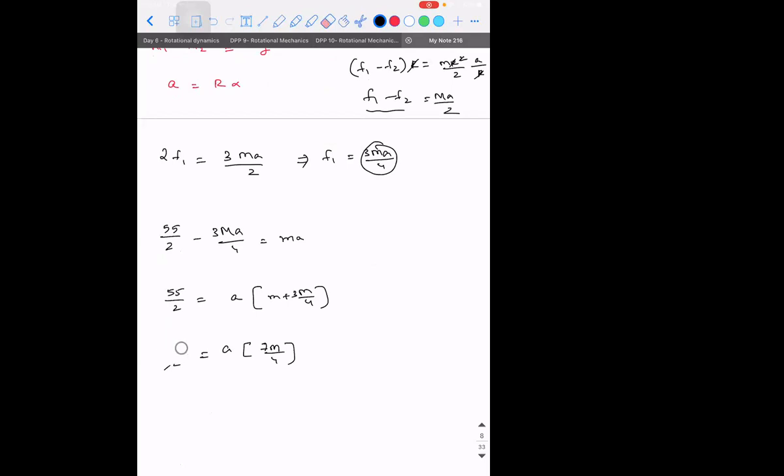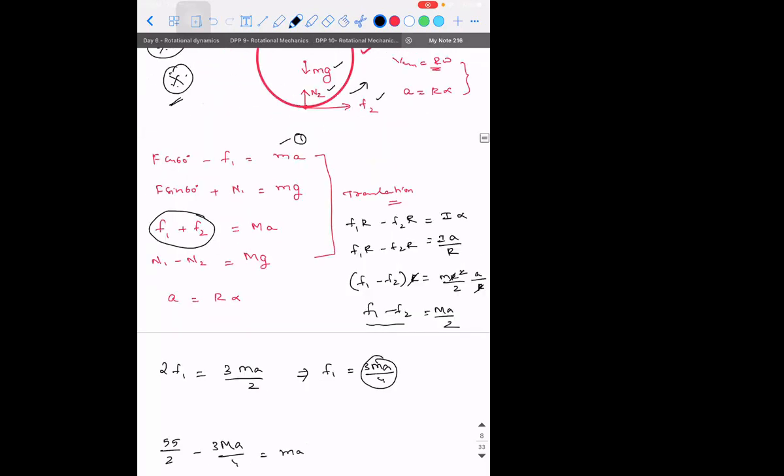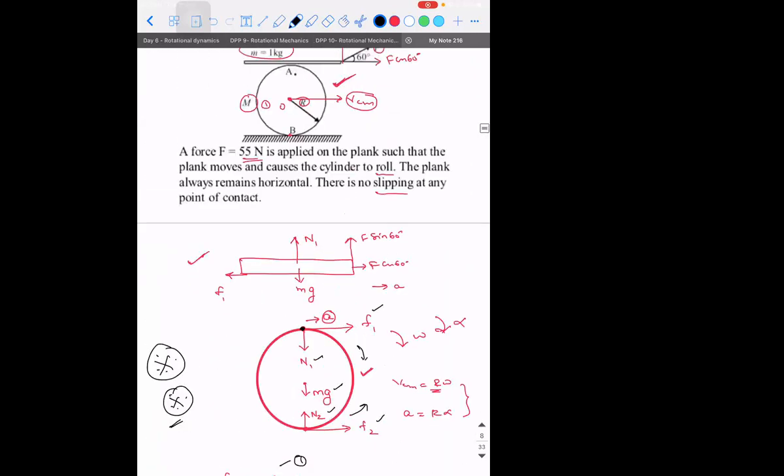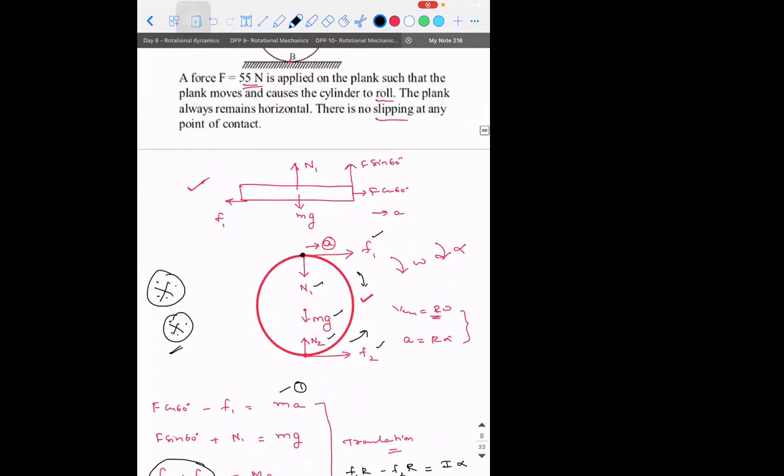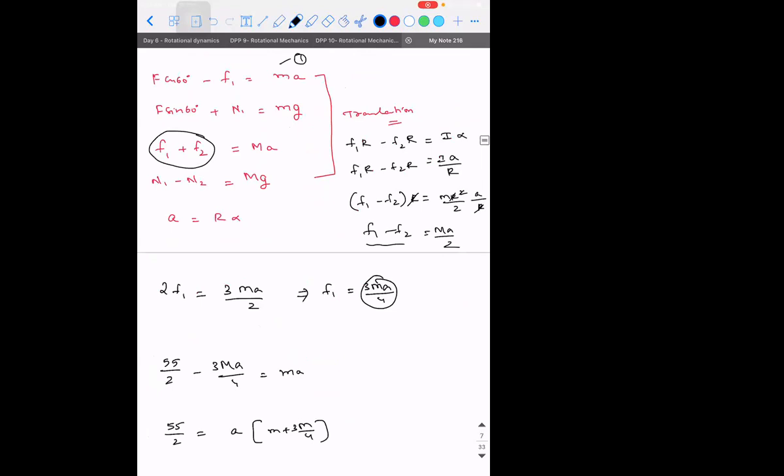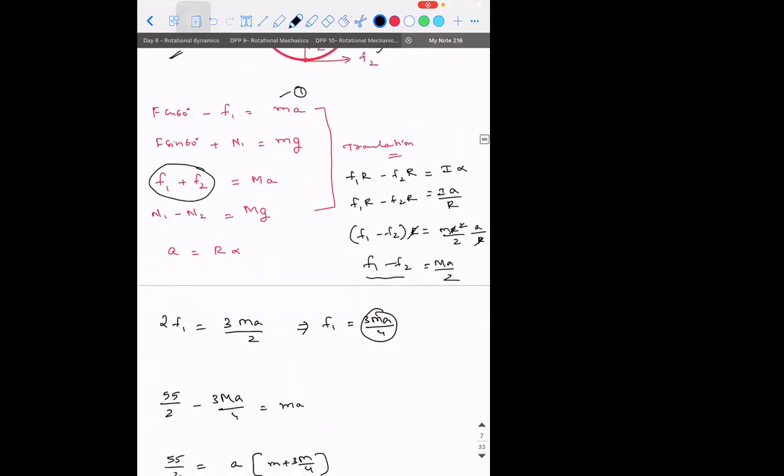The left hand side is only 55 by 2 still. So 2 times A will be equal to 110 divided by 7. Still I'm not getting it. F cos 60, F is 55 only, no? So 55 cos 60 is half, minus F1. F1 is 3 MA by 4, is equal to small m into A.